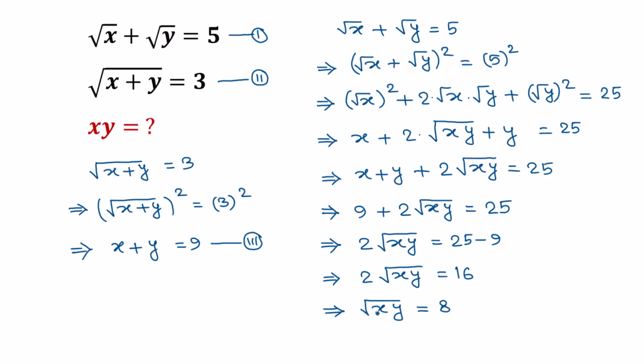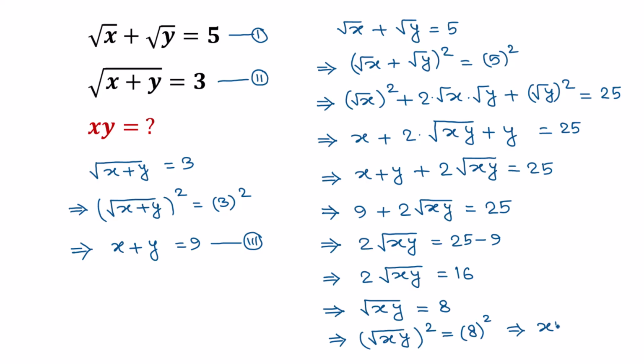And taking a square to both sides, we'll get square root of xy and whole square is equal to the right side, 8 square. This square root and this square will cancel and it will be xy.